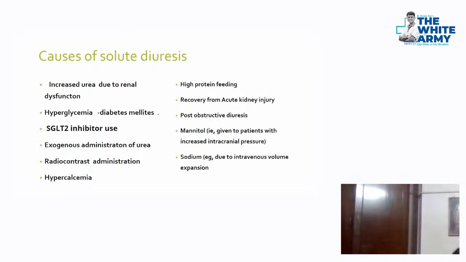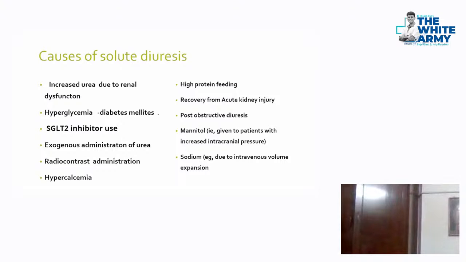What are the causes of solute diuresis? We said if the osmolar gap is wide, we have to suspect the excretion of other solutes. What are the normal solutes that are excreted other than sodium and potassium? In patients with renal dysfunction, we know that urea gets excreted in the urine in large amounts.